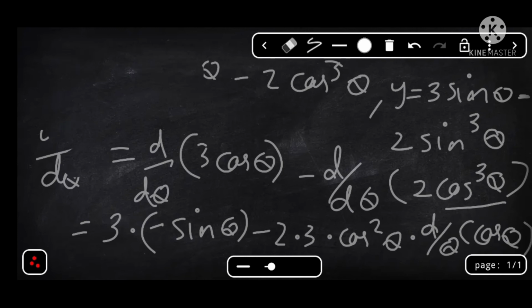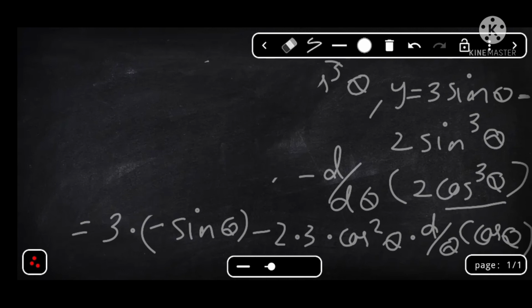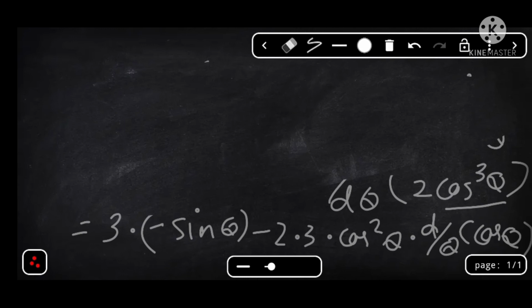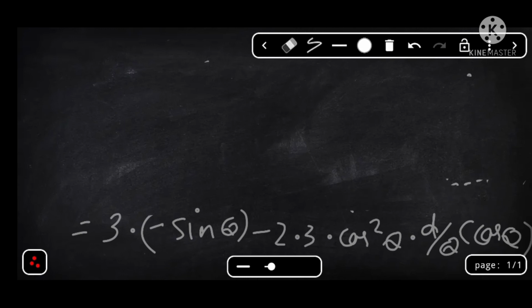So what will be the next step? So the next step is going to be minus 3 sin theta. Now here d by d theta of cos theta is minus sin theta, right?